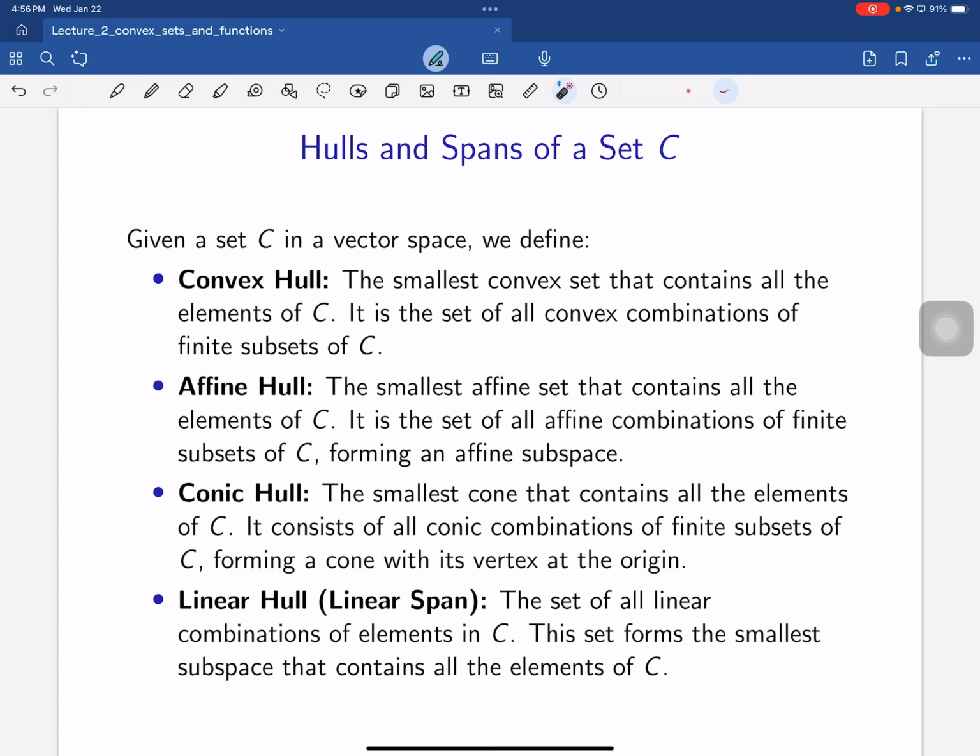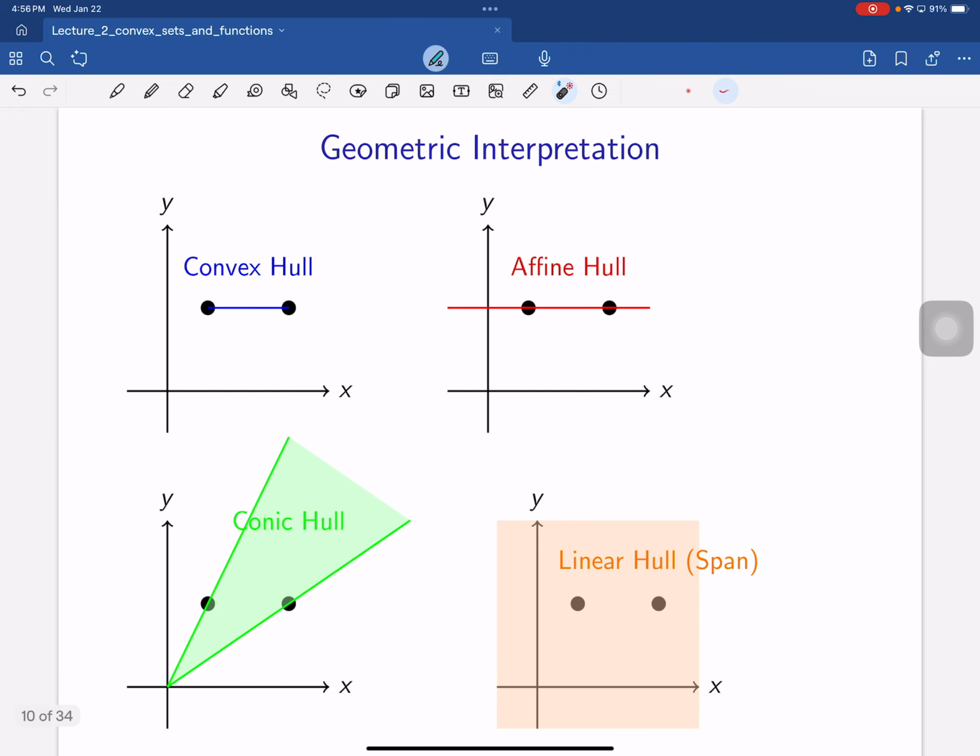So that will be the smallest convex set. And similarly, the affine hull, conic hull, and linear hull are the smallest affine, conic, and linear subspaces that incorporate this set. Again, this could be quite non-intuitive, but I think it will be better explained with this geometric interpretation.